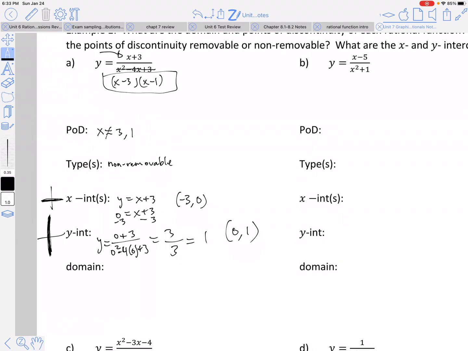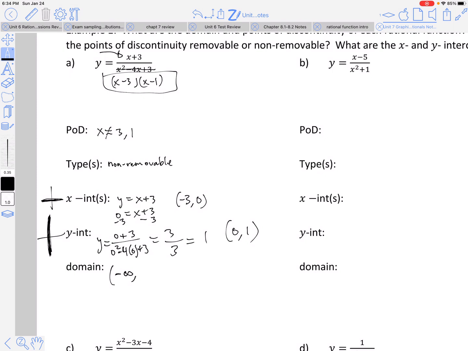Now our domain. So our domain is what x values will work. And so if you think of our excluded values, any value will work except for 3 and 1. So from negative infinity, the smallest number you can think of, negative 1 trillion billion whatever, right?